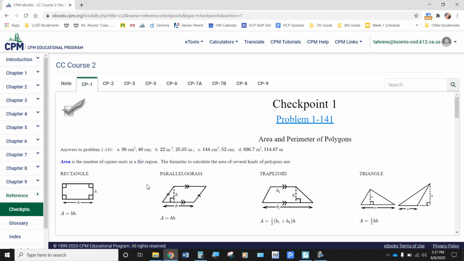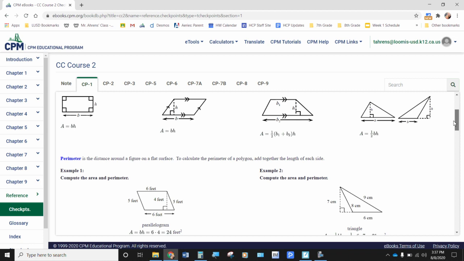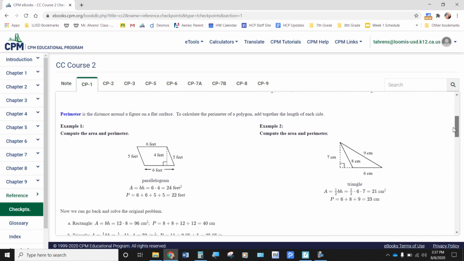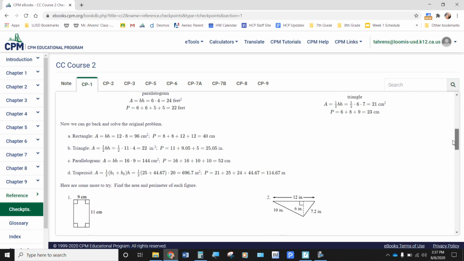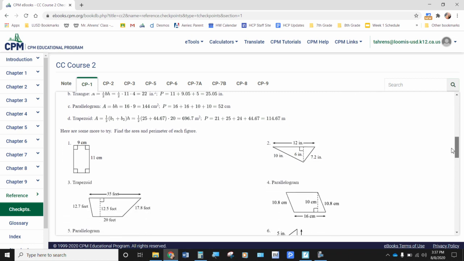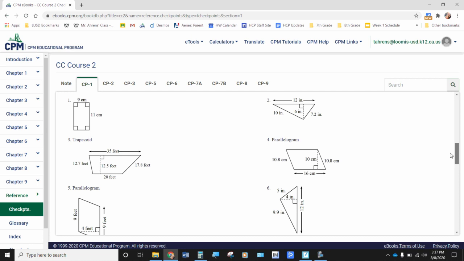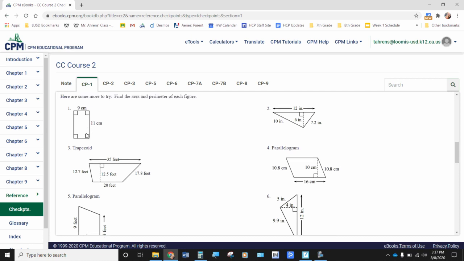If you are struggling with any of these, you can go to this page and they will show you examples on how to find area and perimeter of each one of those, and there will be a bunch of other problems that you can practice on. Okay, so this is a rectangle, find the area and perimeter of the rectangle.